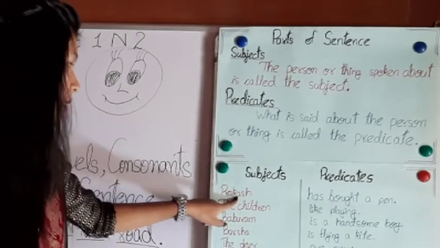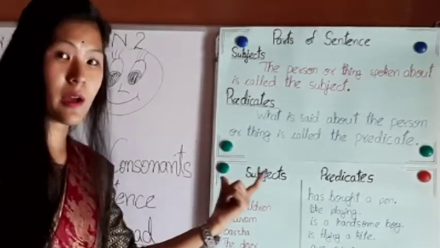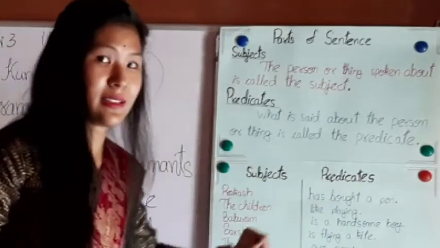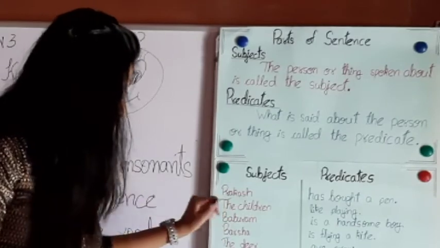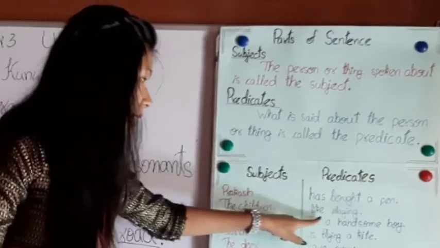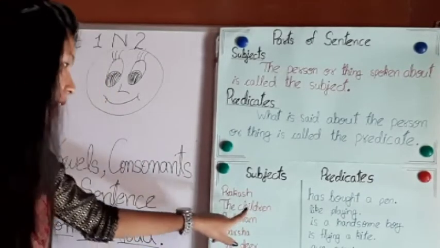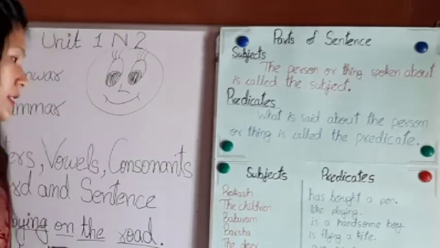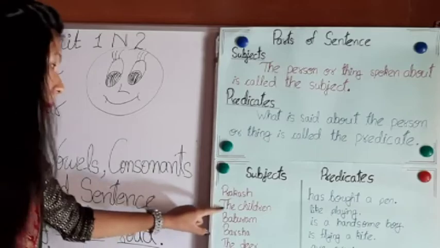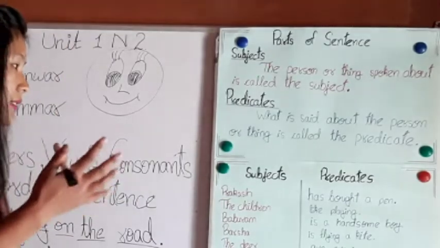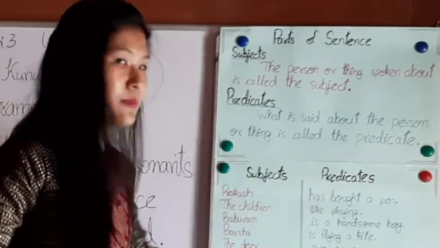Prakash is the subject and what Prakash has bought, Prakash has bought a pen, is the predicate. The next example, the second one: The children like playing. The children is the subject here and like playing is the predicate, because in this sentence we are talking about children and what they are doing. They are playing. So like playing is the predicate.